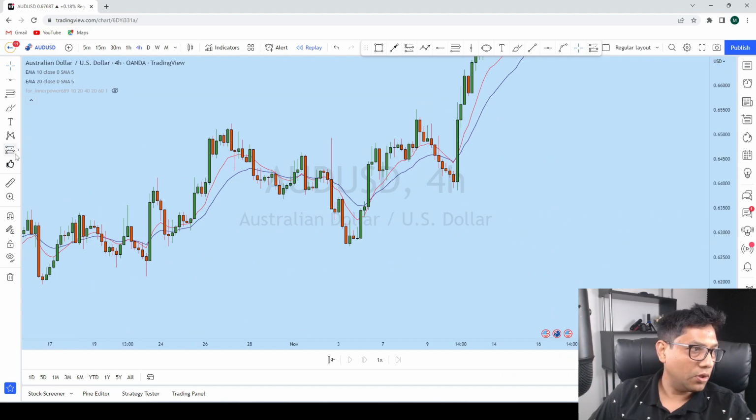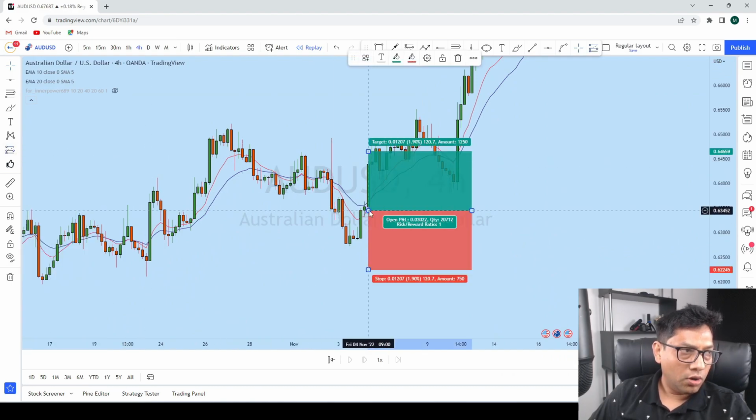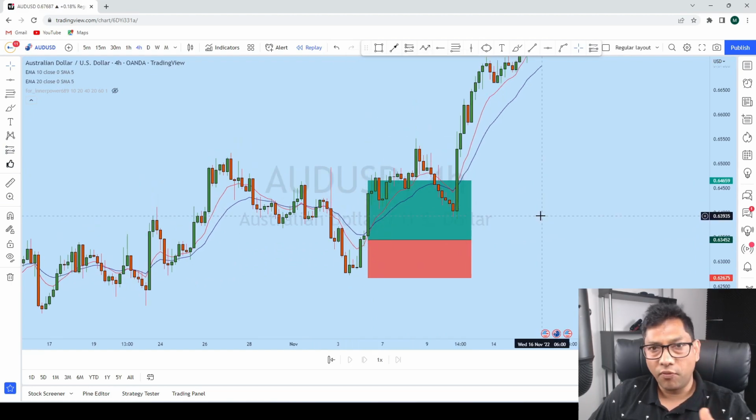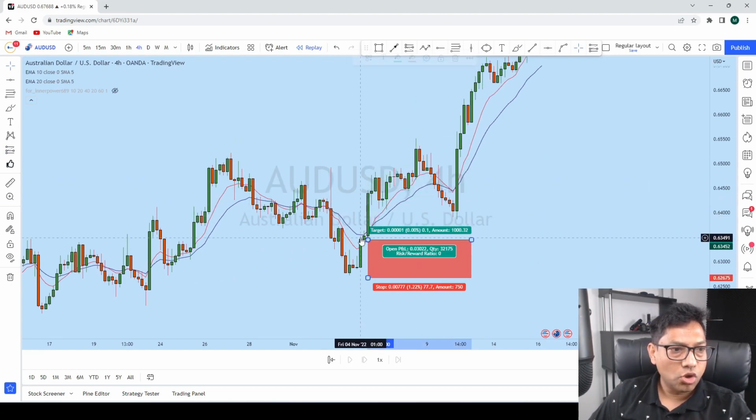For example, you trade from here long Aussie dollar, stop loss here, and you keep your take profit open. Now once you saw the price has created this impulse, this correction, and then once you saw this high is broken, what you could do is bring your stop loss along this zone.